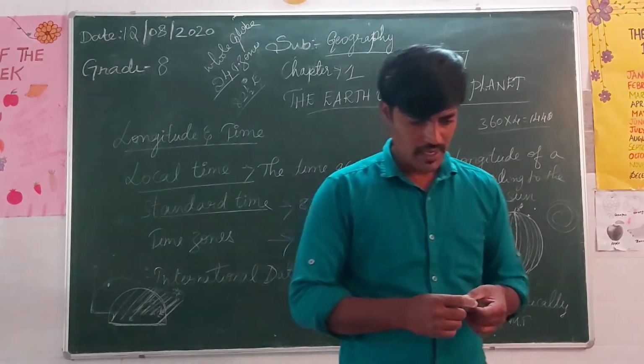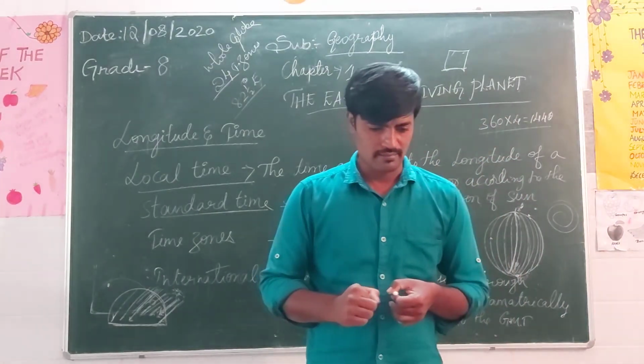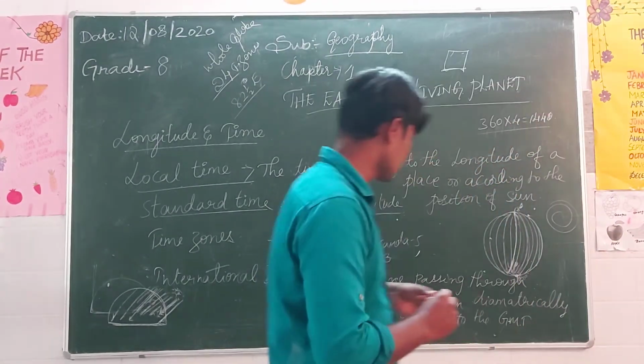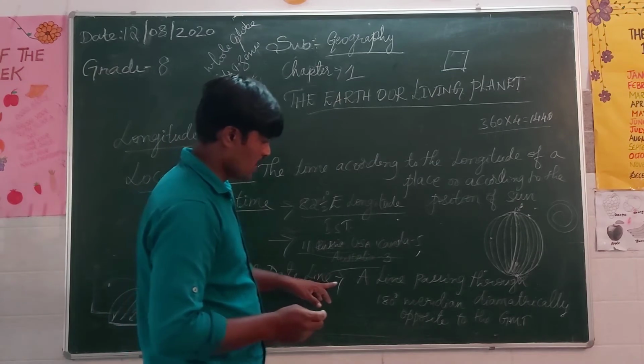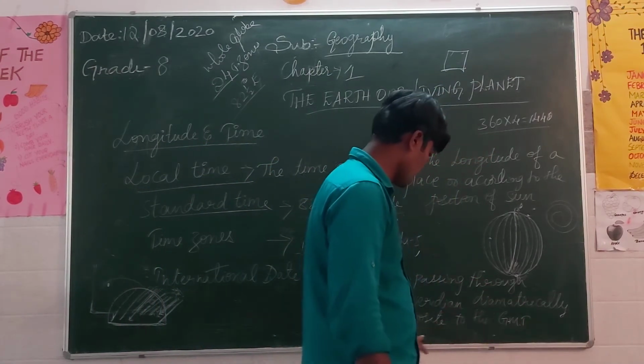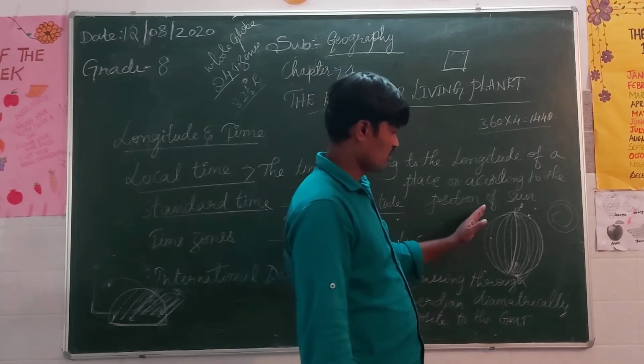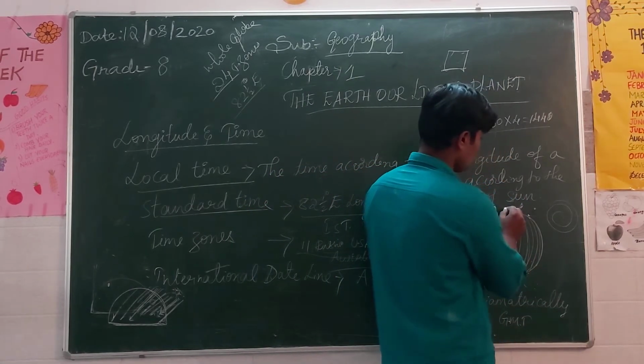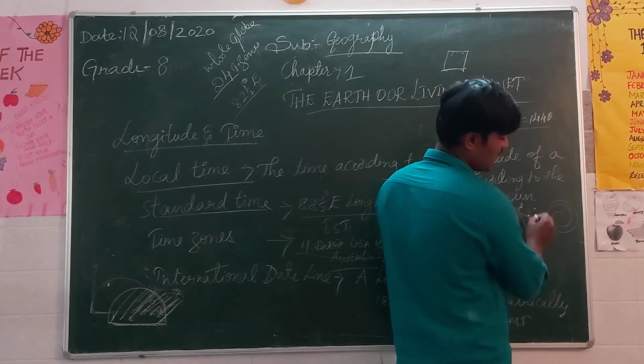Next, the International Date Line. What is the International Date Line? It is a line passing through the 180 degree meridian, diametrically opposite to GMT, Greenwich Meridian Time.